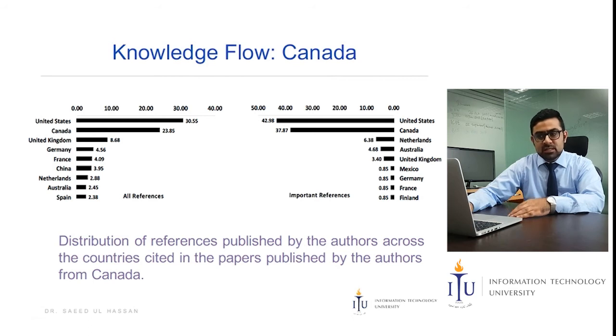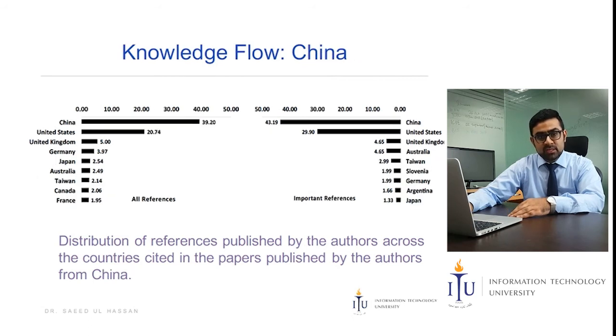Last but not least, I would also show the use case of China. Chinese interaction in terms of citing scientific literature looks different compared to other countries, and it looks similar to the United States, for instance. Among all the references cited by Chinese authors in their publications, 39% actually come from China itself, followed by the United States and United Kingdom.